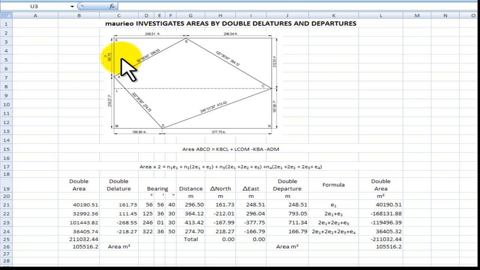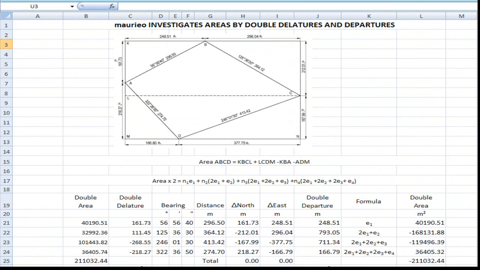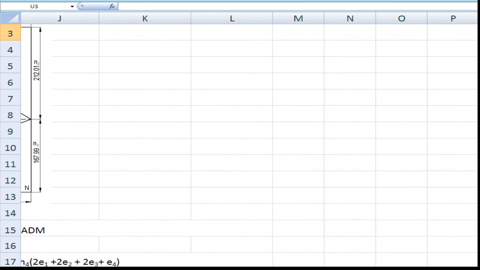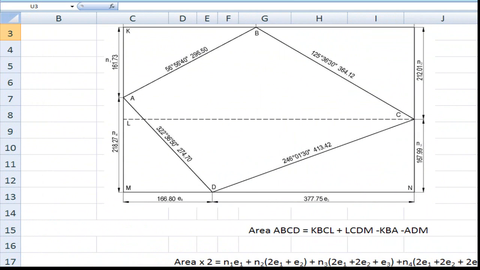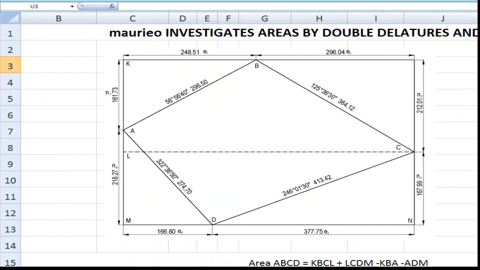I've put in the bearings along here, and from them the northings, so that we can see what each one is and how they're labelled, although they are looking a little bit small at this point. So let me make things a little bit bigger so that we can have a closer look at the diagram.